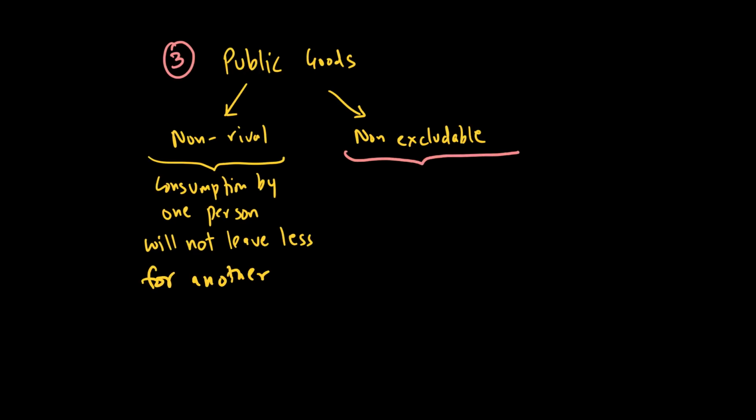And the answer is no. And because of this, consumption doesn't go down, which means there is no problem of it being reduced because of your consumption. Similarly, national defense is a case of a non-rival good, because no matter how many people come to your country, it should not reduce the protection that national defense gives you.